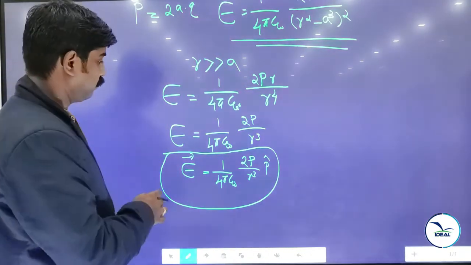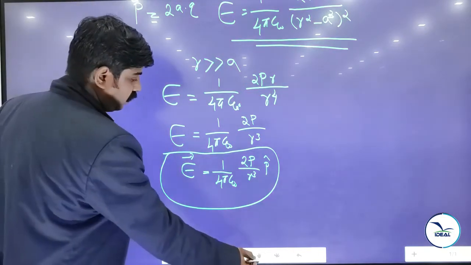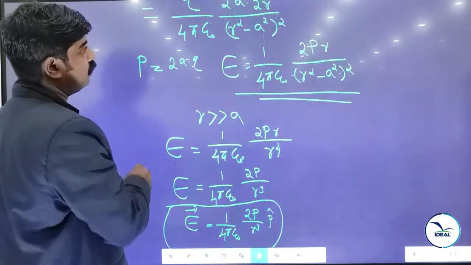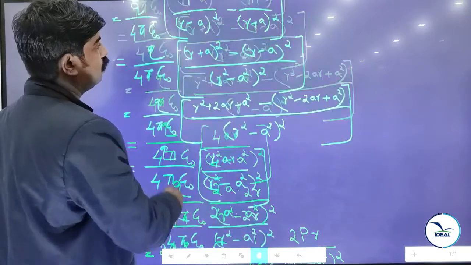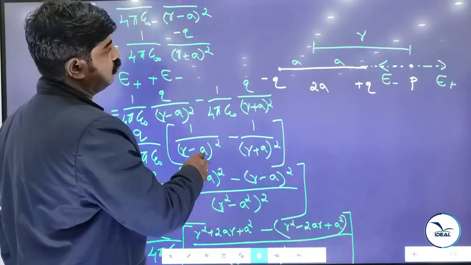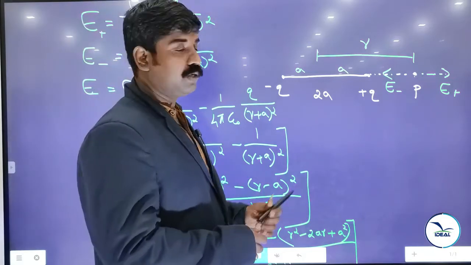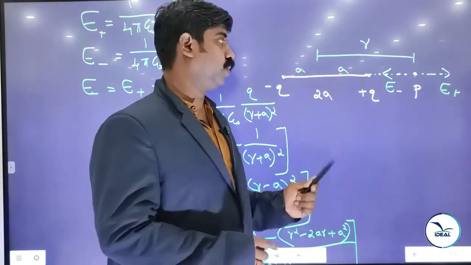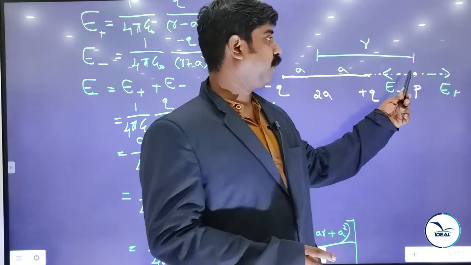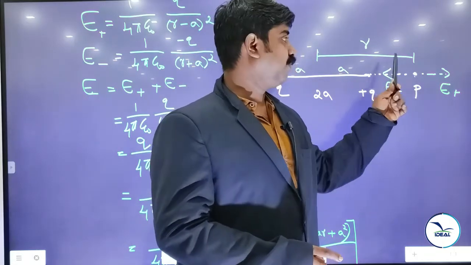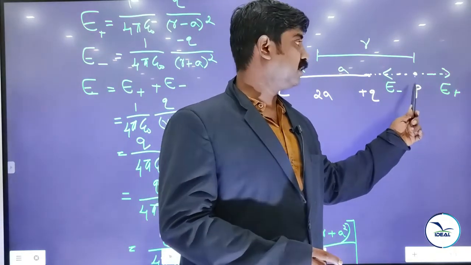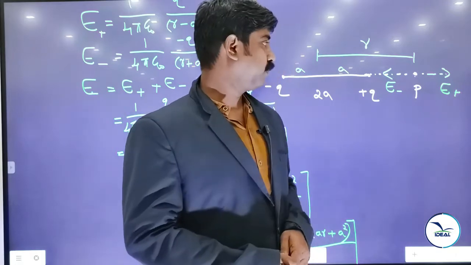Okay. Once again, I will explain. We considered two charges, that is minus q and plus q, separated by a distance 2a, and we considered a point P here. We want to find out the electric field at this particular point.